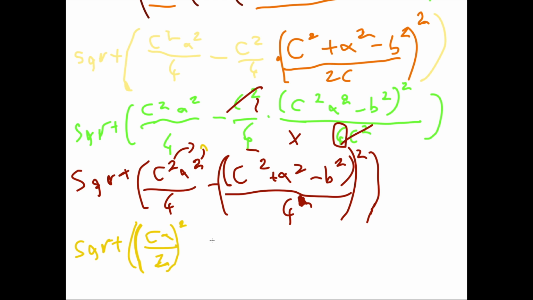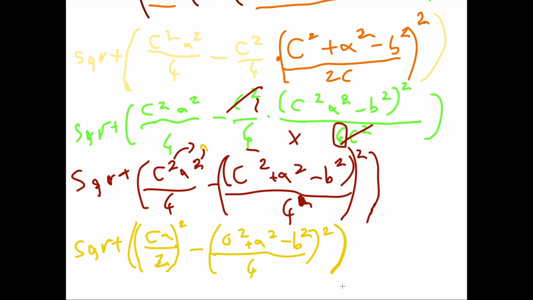And then we subtract that, c squared a squared plus a squared minus b squared divided by 4 squared, and take the square root of that.